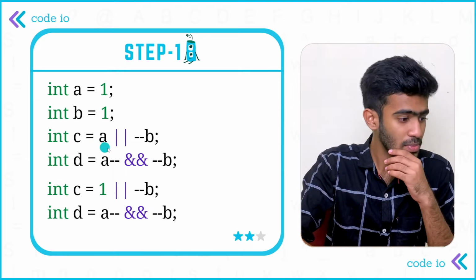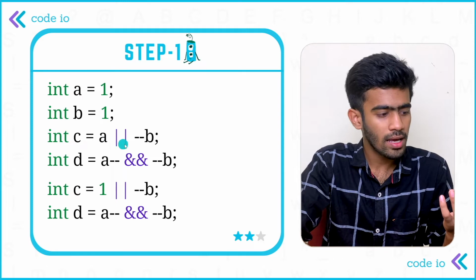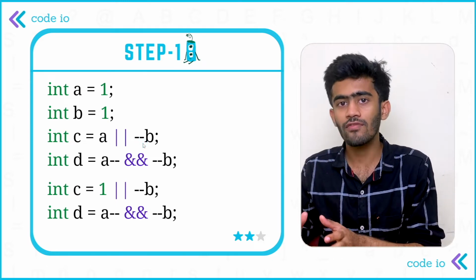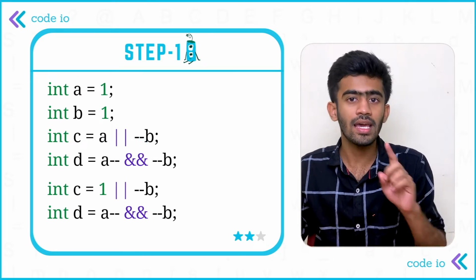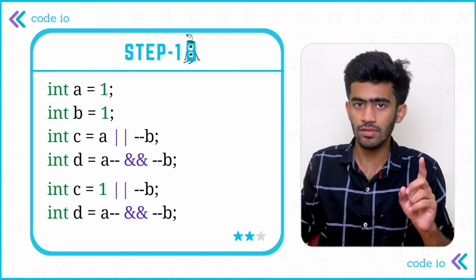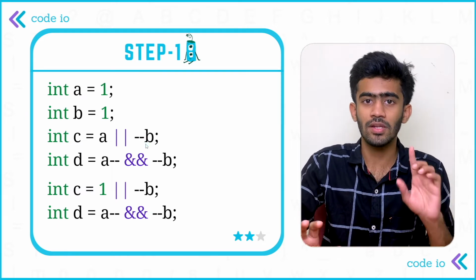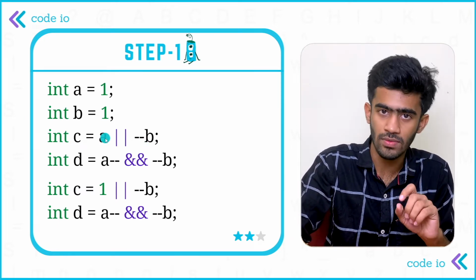Since the value of a is 1, that is true, no matter what the value of the other expression is, the answer would be 1. Whether it's 0 or 1, the answer is 1. Hence, this part will not even be evaluated.